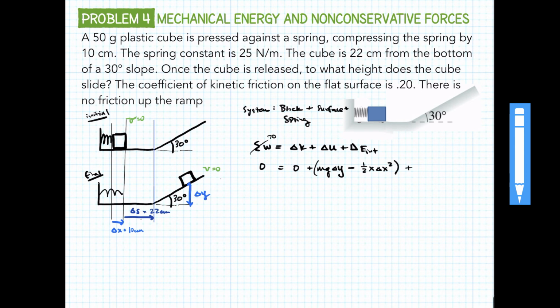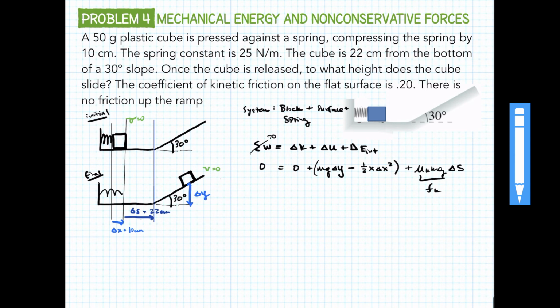And then our internal energy is mu k mg delta S. So this is our frictional force, and then this is the distance here because that's how far it slides. So that gives us our answer. You could also pick not the spring in here, and that would put the spring energy over on the work side, but we're not going to do that because that's annoying.